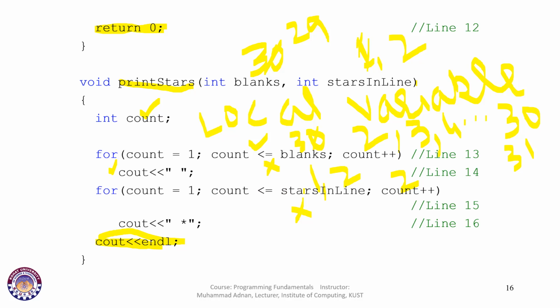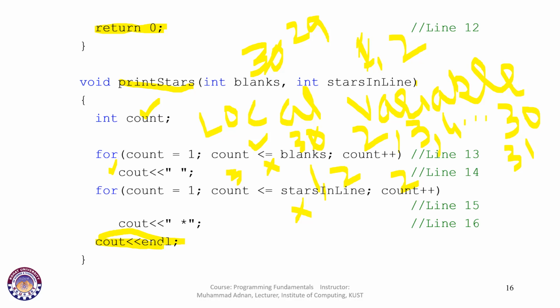Yes, 2 is less than or equal to star line, which is 2. So once again we print the second star, and then for the third time this condition is false as the counter now has a value of 3. So 3 is not less than or equal to 2, it is greater. So we move on to the next statement, which is cout endl.